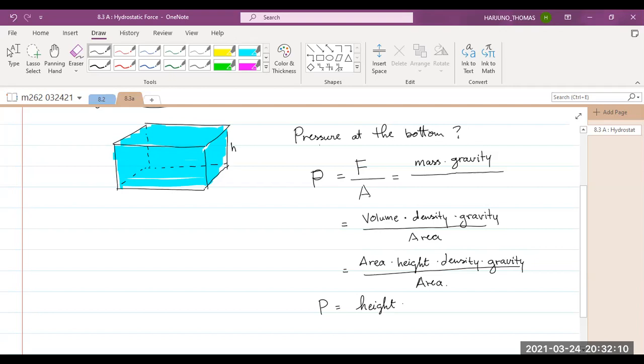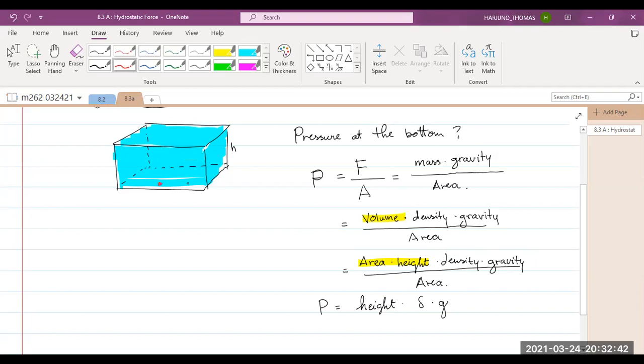Yeah, the volume equals area times height. Right? Okay, so the area cancels. So the pressure is basically the height times the density times gravity. Let me use G.